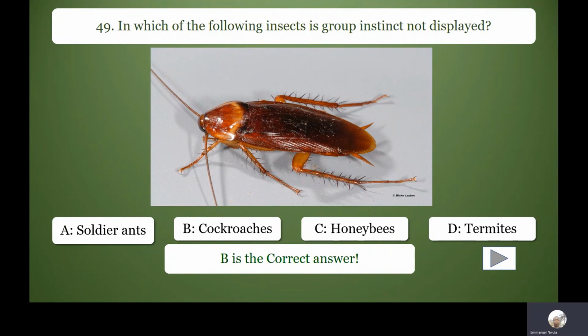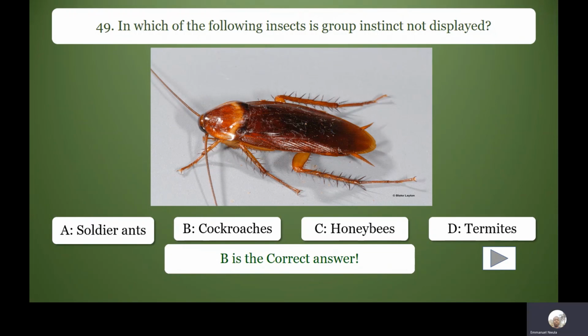In which of the following insects is group instinct not displayed? Cockroach. The others are social insects: soldier ants, honeybees, termites. They are social insects. They relate very closely with one another and solve problems in their communities.